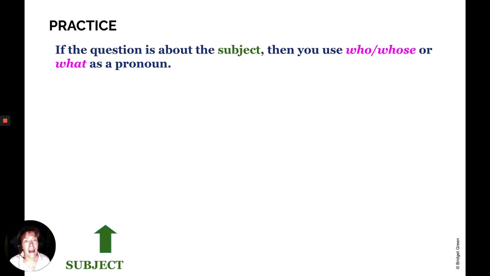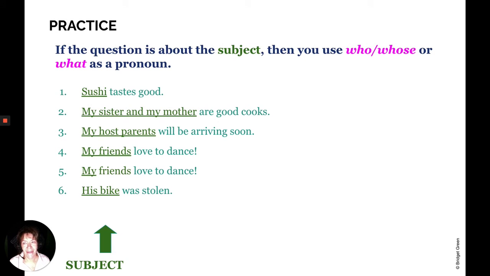Right. Now, let's check your answers. Sushi tastes good. Can you remember what the question was? What tastes good? My sister and my mother are good cooks. Think about it. What was the question?